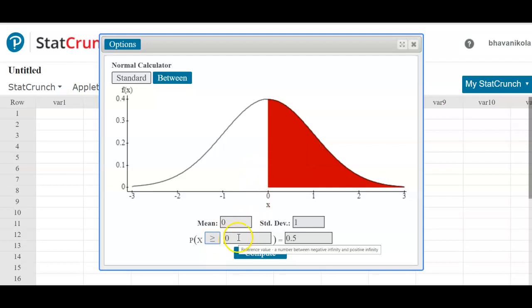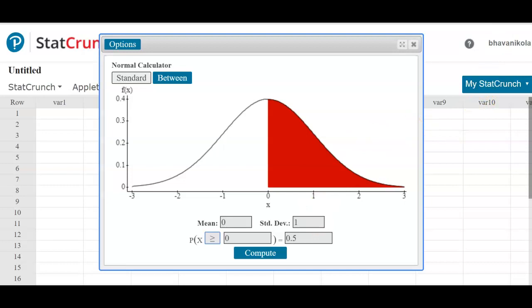Let's say you forget to do something like this. All you have to do is put your mouse onto that particular block and it will tell you it's a reference value. Reference value means a z-score. And if you move your mouse to the other side, it will tell you probability. That means in this box, you will be looking for probability. You have to enter any value between 0 and 1.